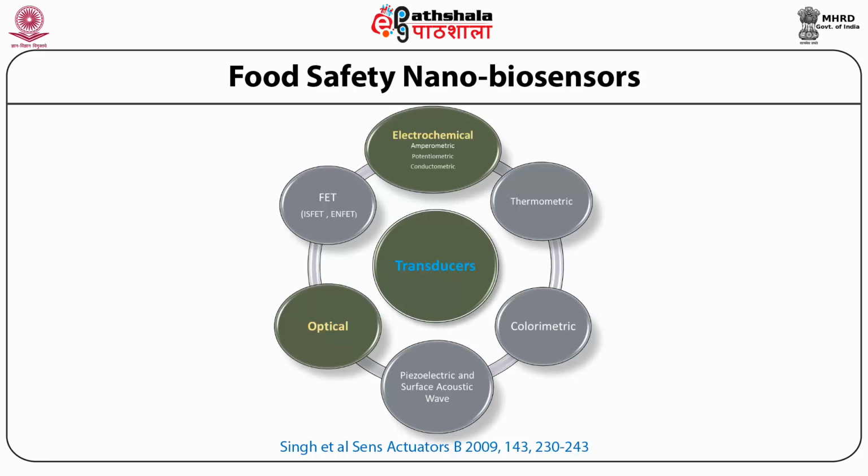Optical biosensors talk about fluorescence sensing, surface enhanced resonance sensing, or fluorescence quenching, and field effect transistors offer the possibility of miniaturization of a device. The most successful kinds of transducers which have been developed are the electrochemical and the optical transducers. In subsequent modules, we will take these separately.